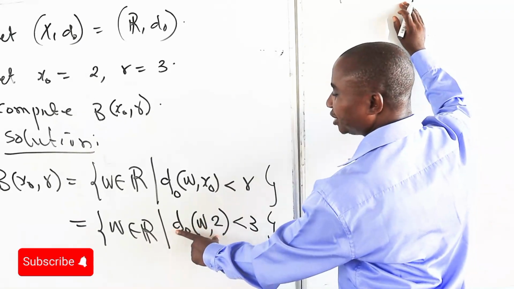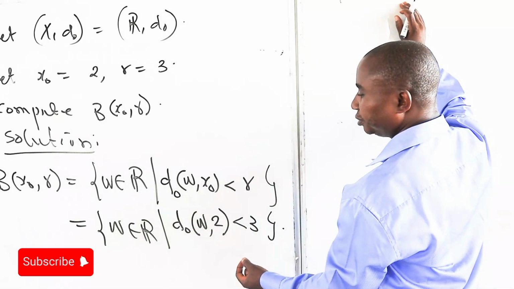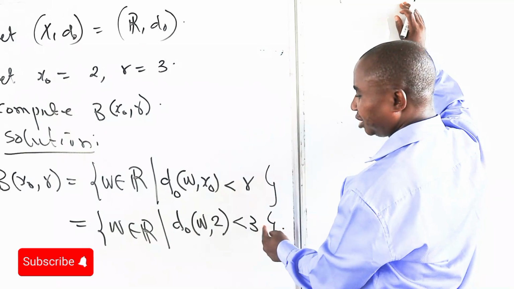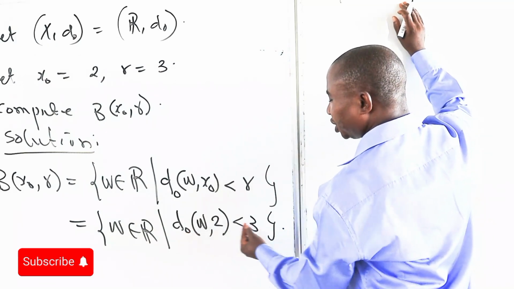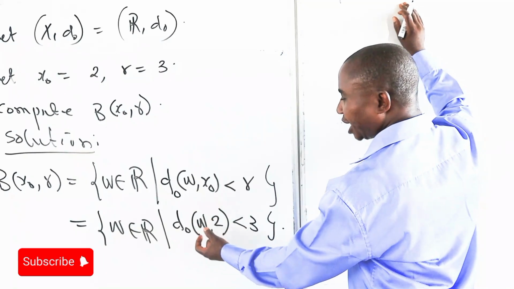And we know that this distance can only give us 2 values, 1 or 0. So if it gives us 1, 1 is less than 3. If it gives us 0, 0 is less than 3 also. Therefore, we get the 2 possibilities.